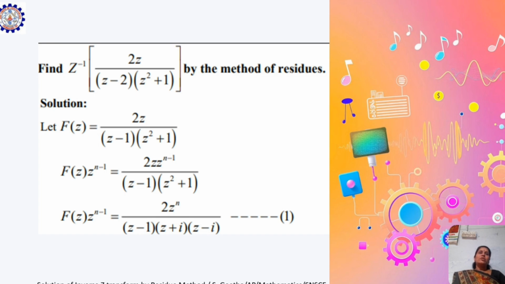Now Z square plus 1 is factorized into two terms, that is (Z plus i) into (Z minus i). So in the next step we have F of Z into Z power n minus 1 is equal to 2 into Z power n divided by (Z minus 1) into (Z plus i) into (Z minus i).